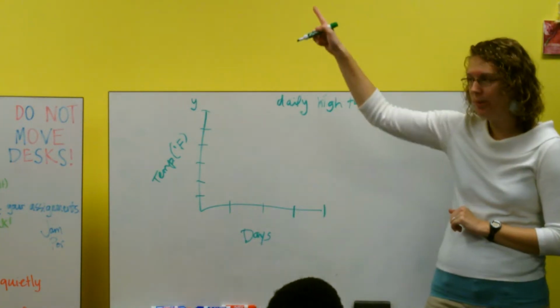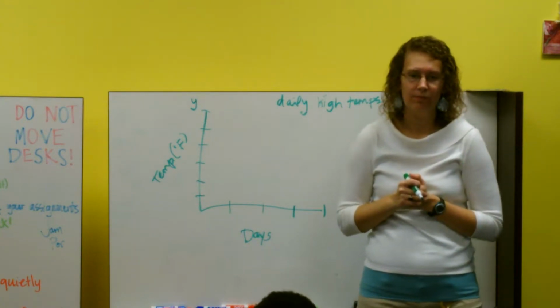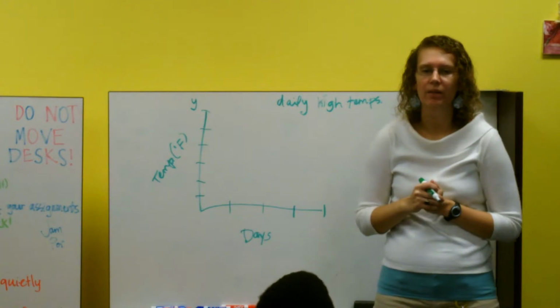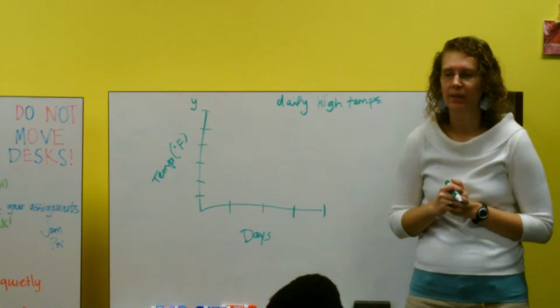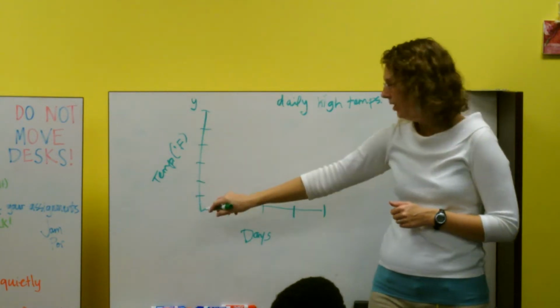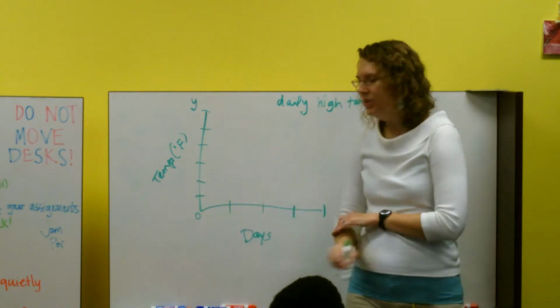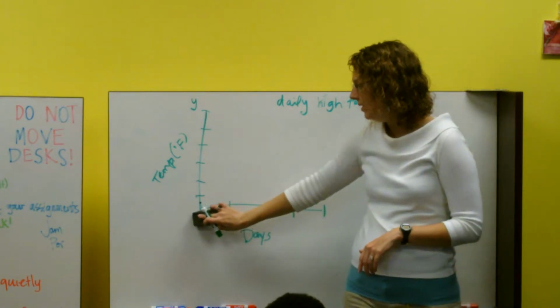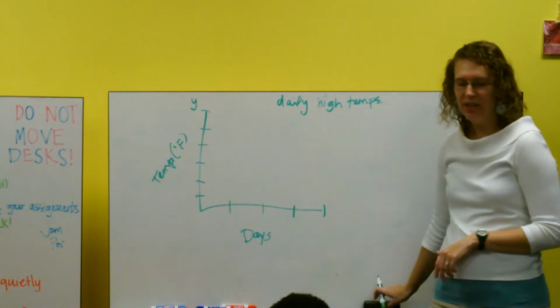And number 2, rule number 2. Where does my y start? We said normally we would start at 0, but we don't have to. We need to figure out the best place to start based on the information that we're trying to graph.